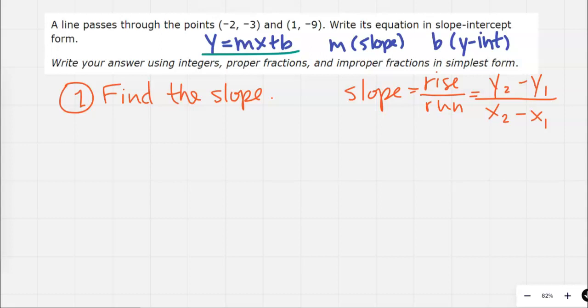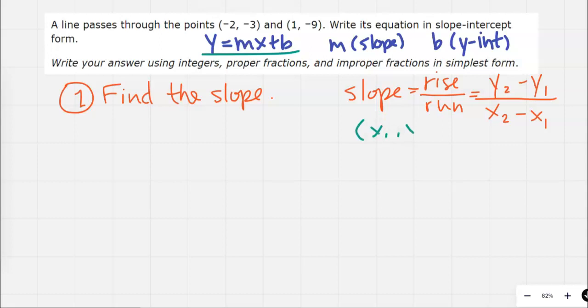So let's walk this through with our points of (-2, -3) and (1, -9). When we're seeing x1 and y1, x2 and y2, we're basically saying that we have 2 points.